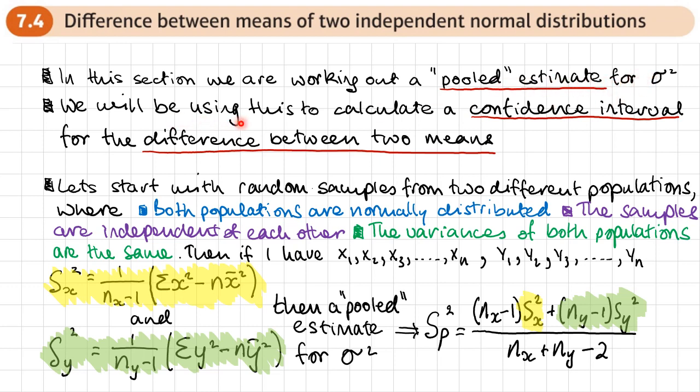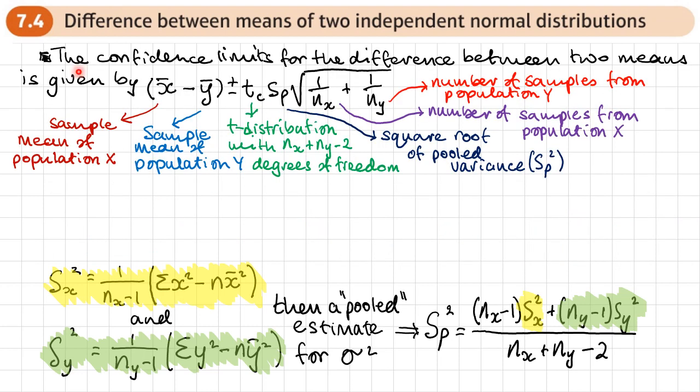Let's now look at how we can use this to find a confidence interval for the difference between two means. So looking at this, the confidence limits for the difference between two means are given by this formula here.